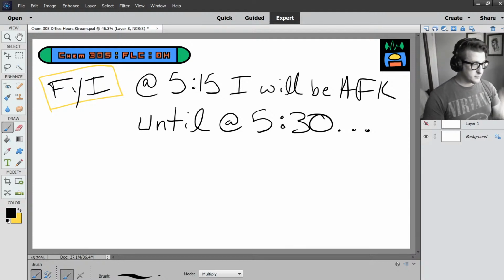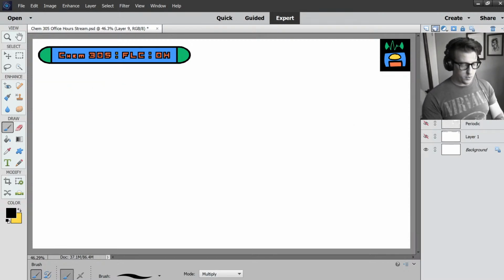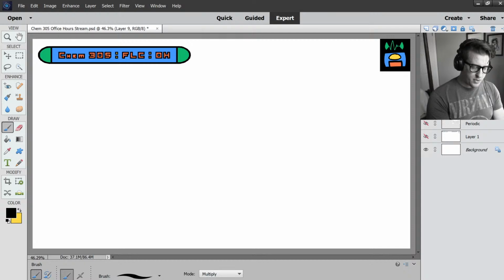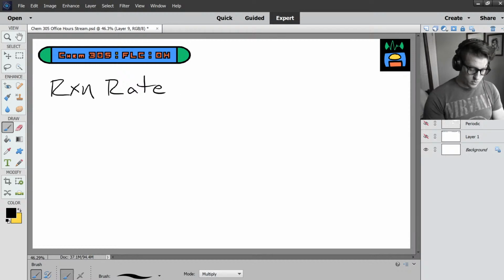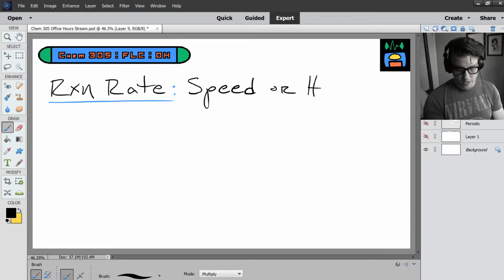Quantitatively. Okay, Kate, great question. When we talk about reaction rates, what we're talking about is speed, how fast a reaction goes.